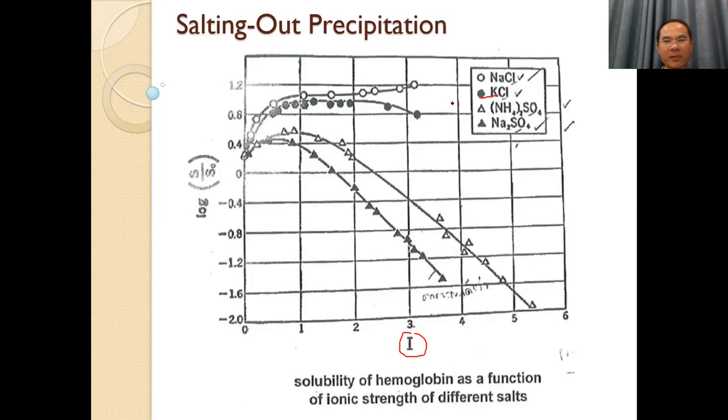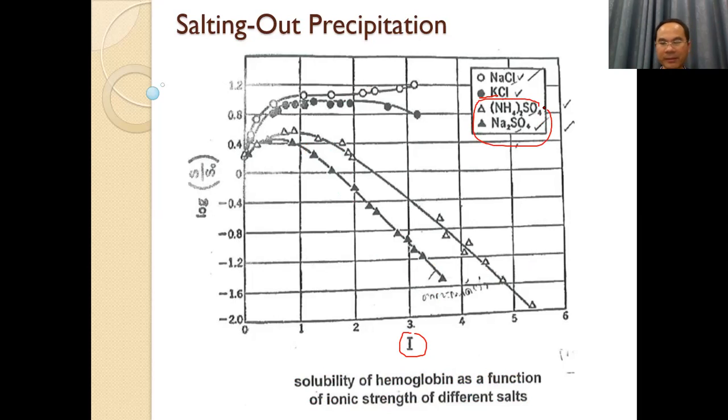That means sodium chloride and potassium chloride are not the best precipitating agents because they increase the solubility. But ammonium sulfate and sodium sulfate are the best choice for precipitating agents because they reduce the solubility of the protein.